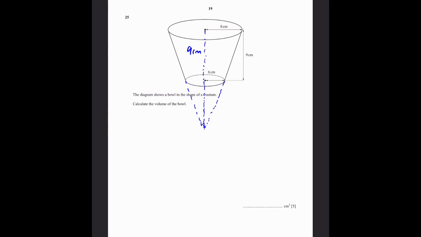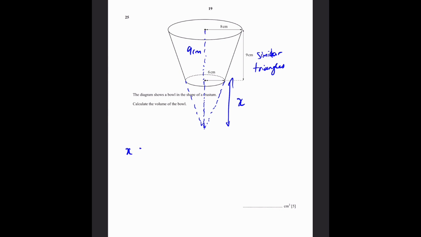We can write that, similar triangles, and this is how we're going to prove that we can find this height. After that, we can find the volume of the bowl. Let's take the height of the smaller cone as x.